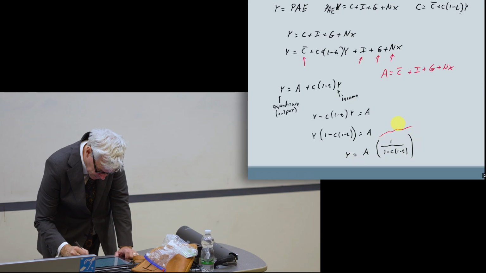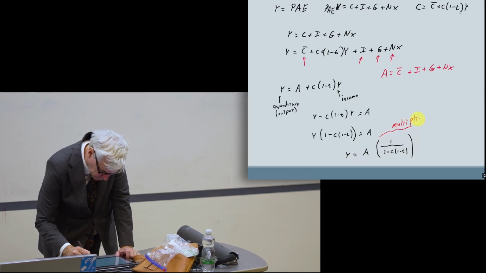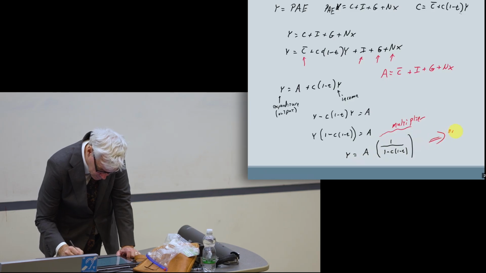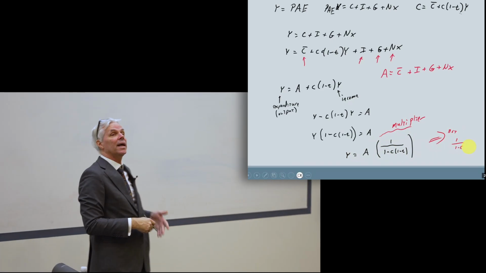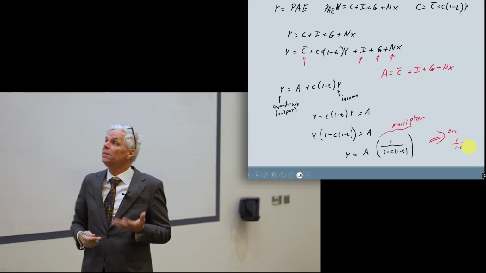And this thing is our multiplier. Okay, importantly, not 1 over 1 minus c like you have tattooed on your arm. It's slightly different. Okay? Does it make sense?